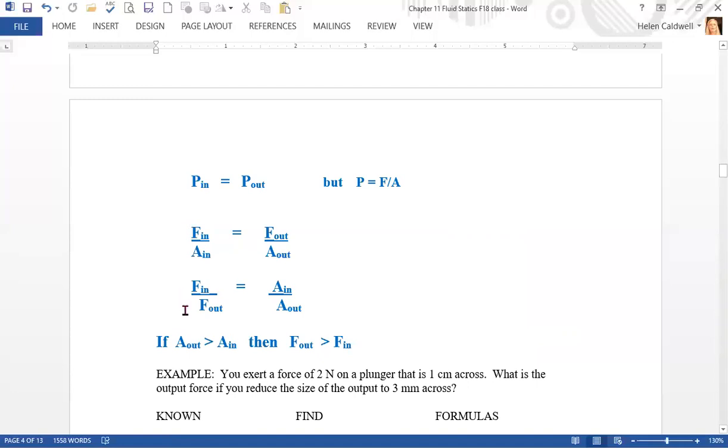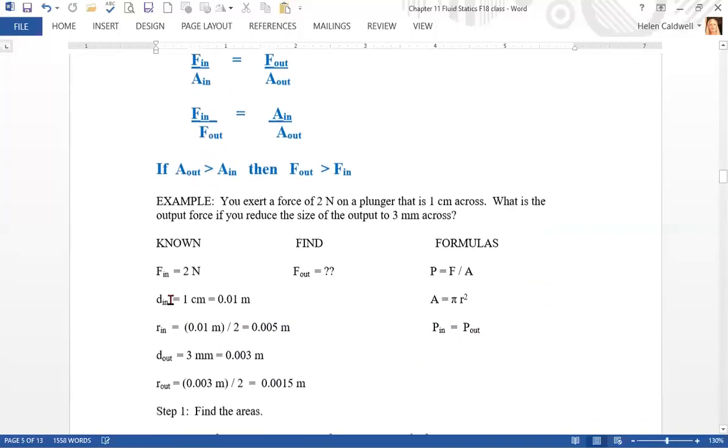So force in over force out equals area in over area out. If force in is little and area in is little and area out is big, then force out is big, because the ratios have to hold true.